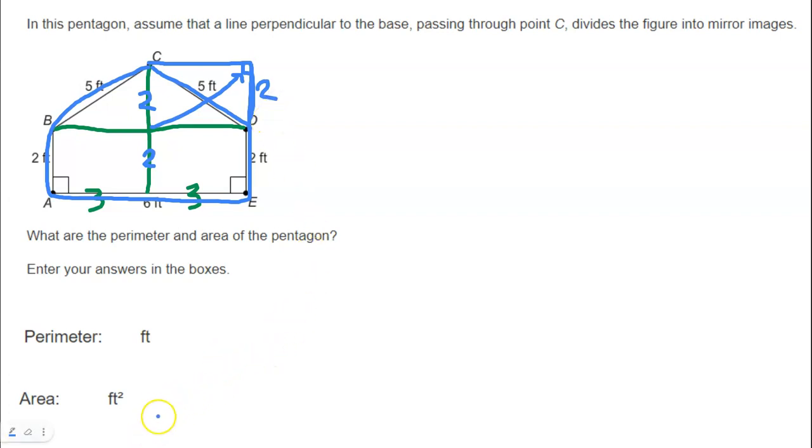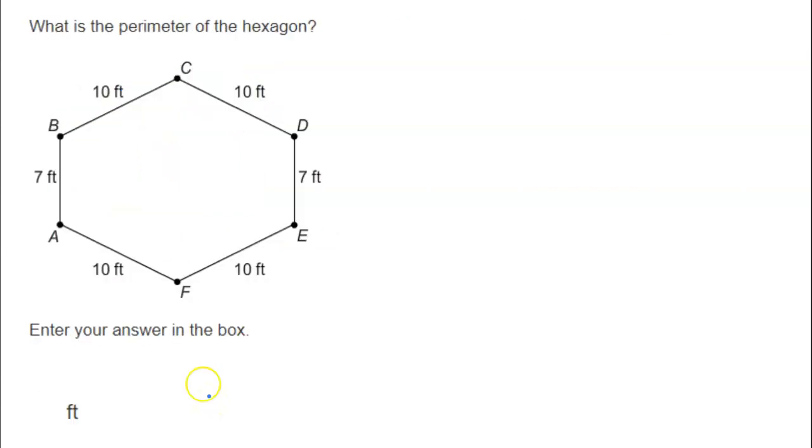Okay, so remember area is base times height divided by 2 for our triangle, and then base times height for our rectangle. Finally, what is the perimeter of the hexagon?